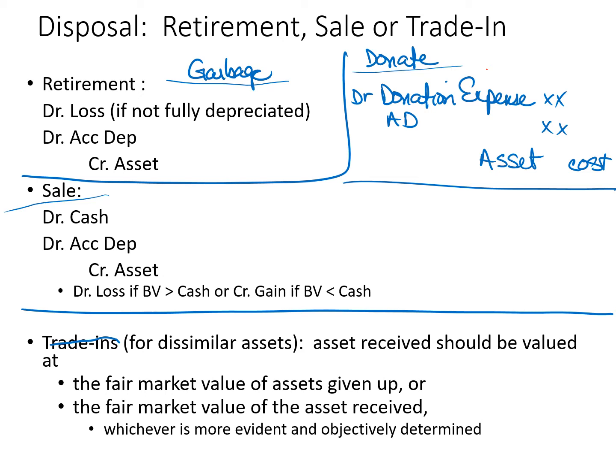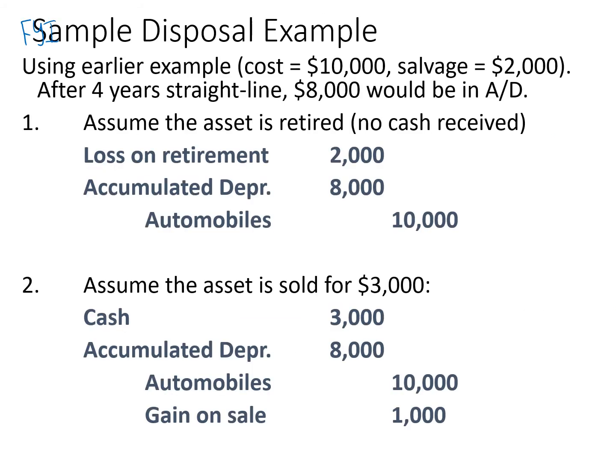So let's get some examples. Here's an example. We have an asset that costs $10,000. It salvages $2,000. After 4 years of straight line depreciation, accumulated depreciation has a balance of $8,000. So if I'm giving it to the garbage man, I'm going to credit the auto for its cost.